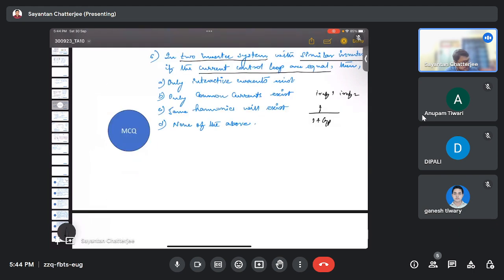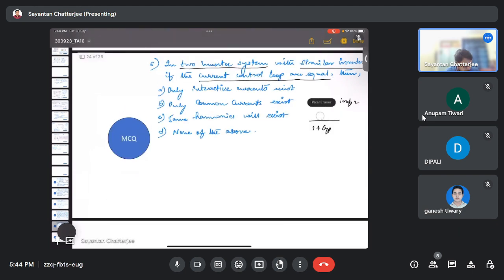So all these values are the same. So this value is 1 and this side is 0. So the existence of interactive current is 0. Only the common currents would exist in this scenario. Only common currents exist. The presence of interactive current is zero, because it's the ideal operating case.